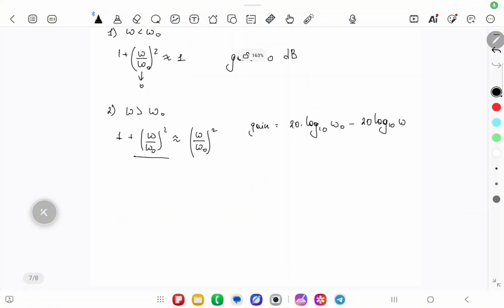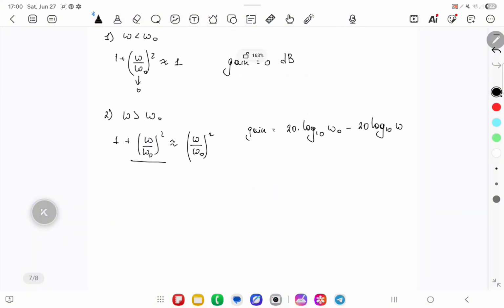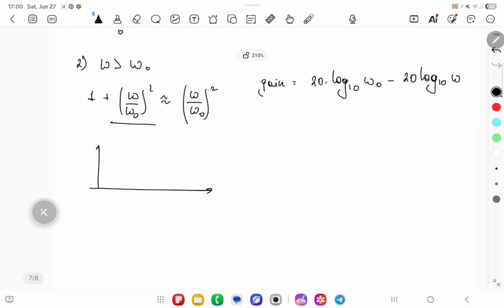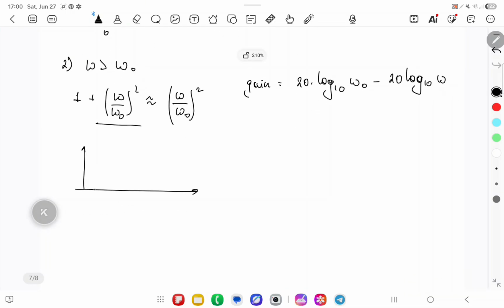If I were to draw the Bode plot of this low-pass filter, it would look somewhat like this. It's important that on the x-axis, we usually have values that are 10 to the power of some number, let's say 1, 10, 100, 1000, and so on.